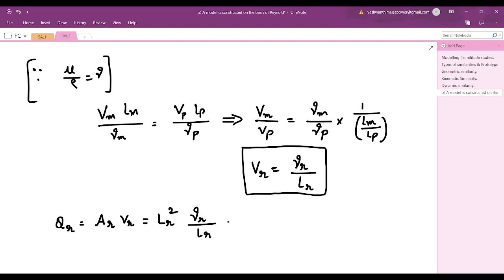Now this and this will get cancelled, and finally we are left with LR into nu R. This is how we can express discharge scale ratio as well as velocity scale ratio in terms of length scale ratio and kinematic viscosity scale ratio. Clear?